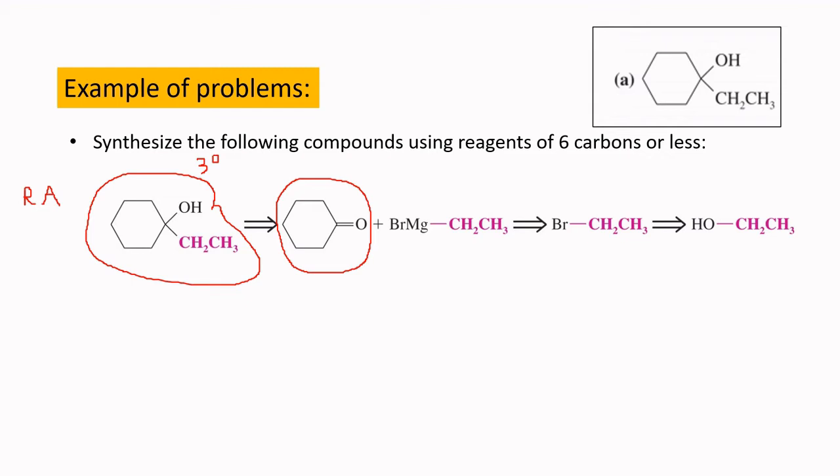Okay, this ketone, in order to form a tertiary alcohol, can react with a Grignard reagent. So this is the Grignard reagent. So this is the ketone. So what happened? This arrow here means reverse, made of.